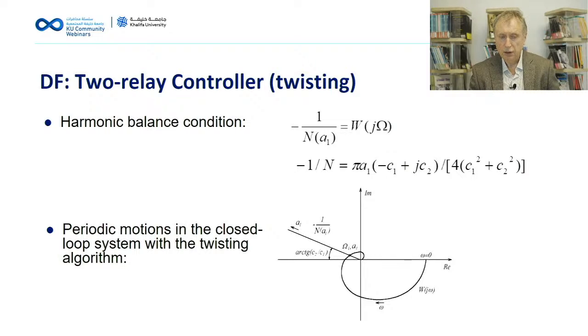It has the slope which is given by arctangent of the ratio C2 over C1.